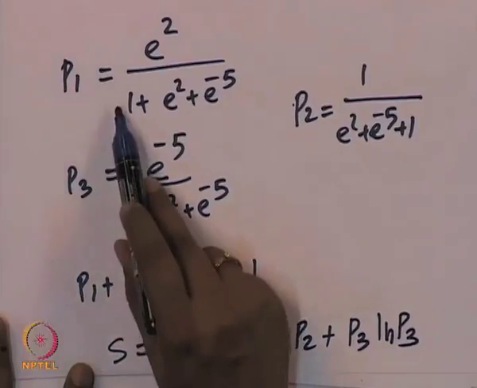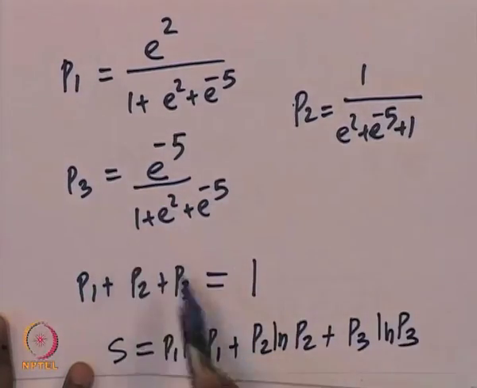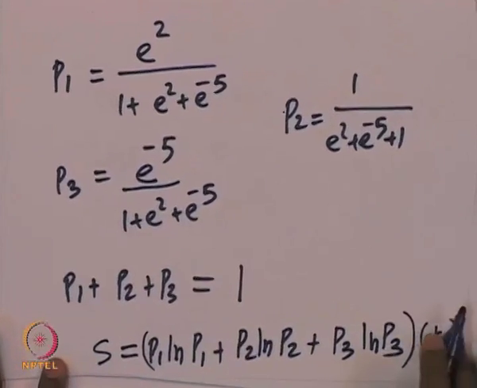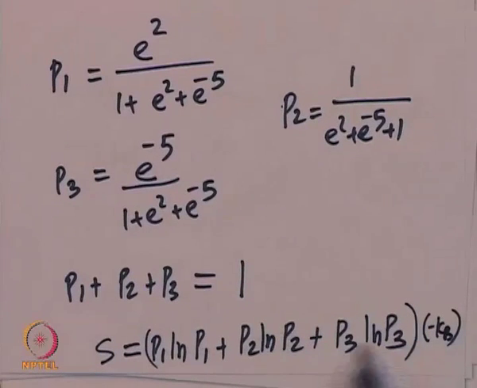So, we know P1, P2, P3. If you add this and multiply with minus Kb, you will get entropy. So, minus Kb times P1 log P1 plus P2 log P2 plus P3 log P3, this will be the entropy.